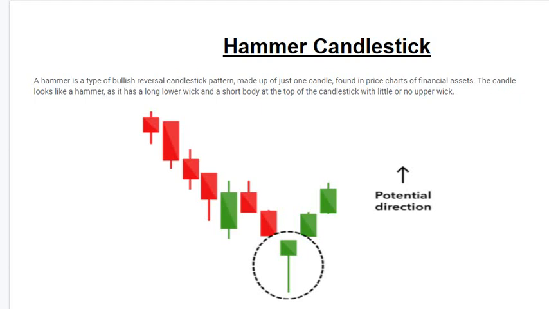Anyways, a hammerstick is a type of bullish reversal candlestick made up of just one candle, found in price charts of different stocks. The candle looks like a hammer, and that's why it gets the name, as it has a long lower wick and a short body at the top of the candlestick with little or no upper wick.